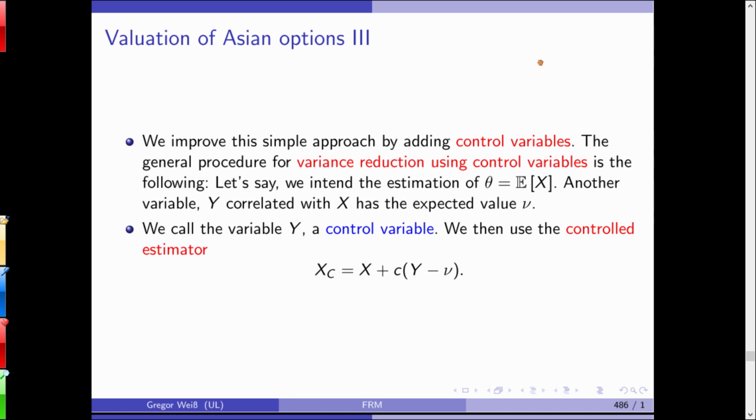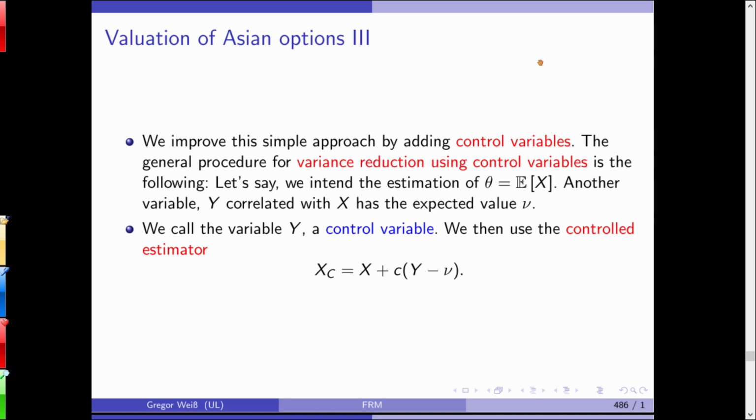The general procedure for variance reduction using control variables is the following. Let's assume we intend the estimation of the mean, of the expected value of X, which in the population is theta. Another variable, Y, is assumed to be correlated with X, and Y has the expected value of mu.